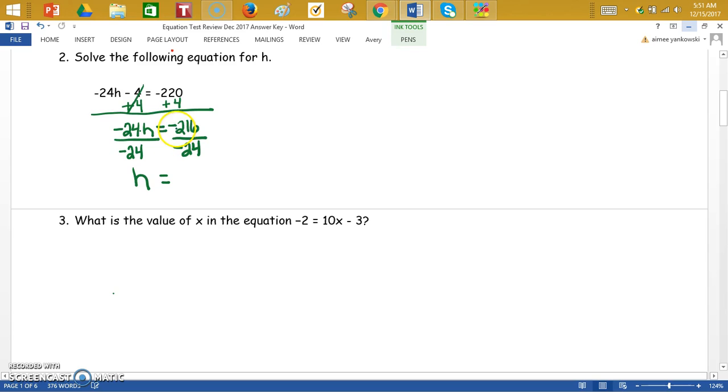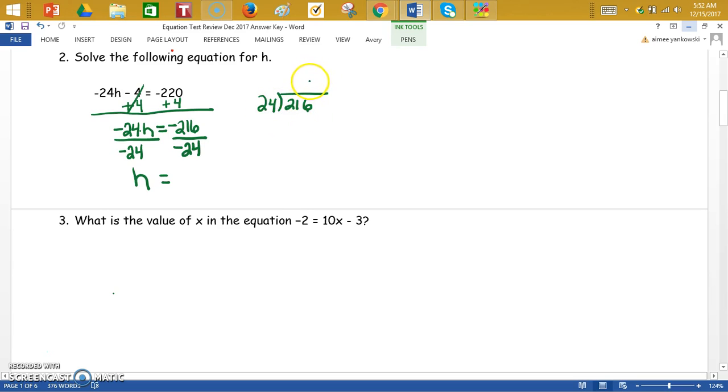Now, I don't have a calculator. You can punch negative 216 divided by negative 24 in your calculator, but I have to long divide. Negative divided by a negative I know will be a positive. Now I have to do 24 into 216. So I'm just going to guesstimate right now. If this was 25 into 200, that would be 8.